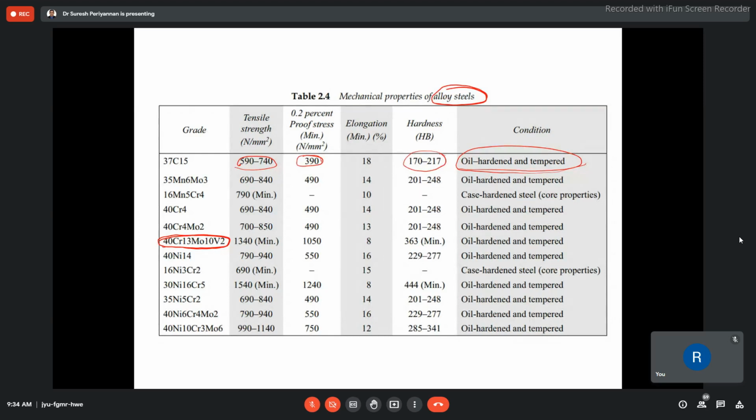Sir, we don't remember what the factor was. Exactly. I mean, chromium 13 given here, divided by 4, approximately 3% of chromium, right? And 1% of molybdenum. Vanadium also, 0.2% vanadium.